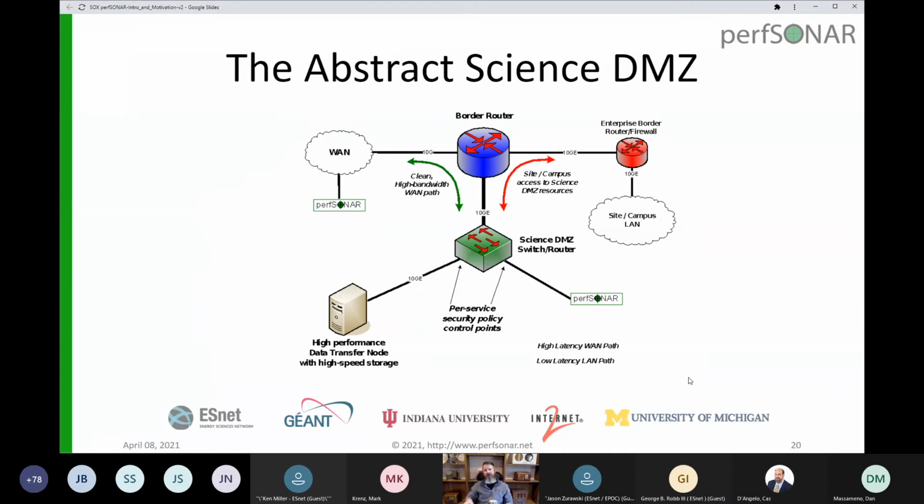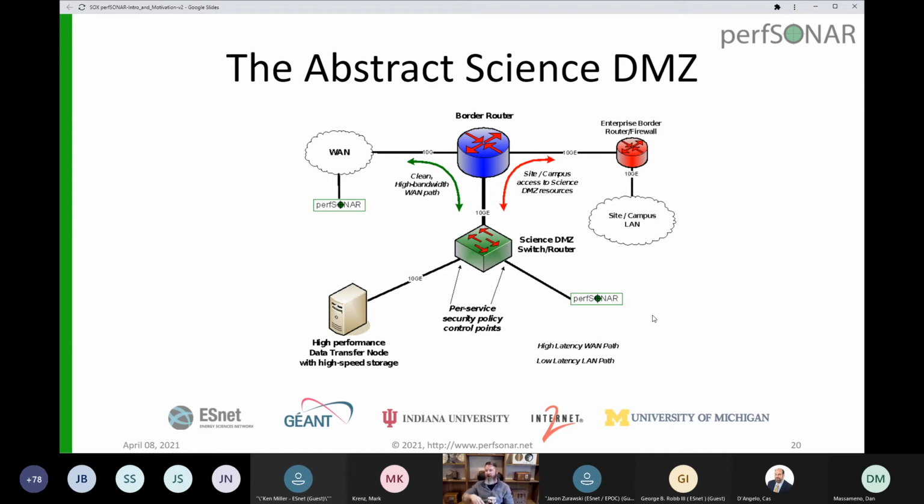Again, Jason talked about the Science DMZ. The point I want to highlight here is perfSONAR is in the slide because it's an integral part of your Science DMZ. Because what we need to be able to do is to simulate actual transfers and understand actual network performance. We're going to talk a little bit about how perfSONAR allows you to do that.